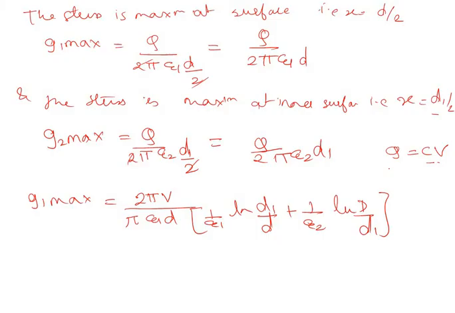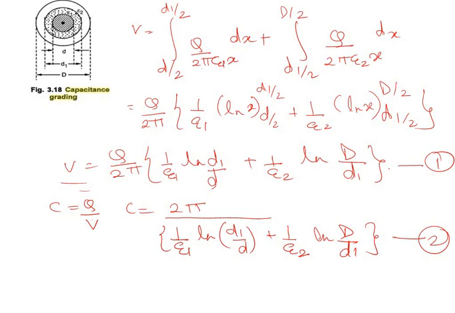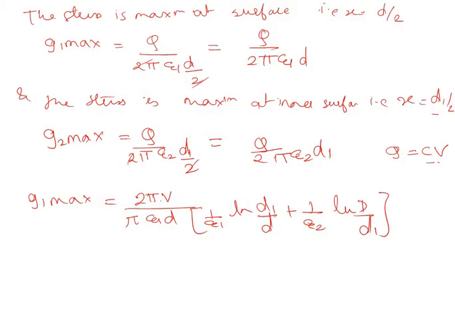See, in the previous equation 1, we have calculated the value of C, that is 2 pi upon 1 upon epsilon 1 ln of d1 by d plus 1 upon epsilon 2 ln of capital D by d1. This equation I have put over here. 2 pi and V is as it is.